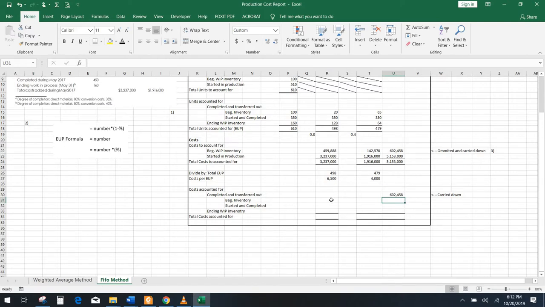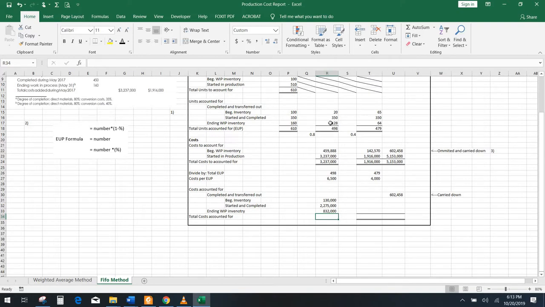So to get this number, you take the cost per EUP and multiply it by the EUP in the beginning inventory up here. Same thing here, cost per EUP multiplied by EUP started and completed. And this is it, cost per EUP multiplied by the EUP in the ending WIP inventory.